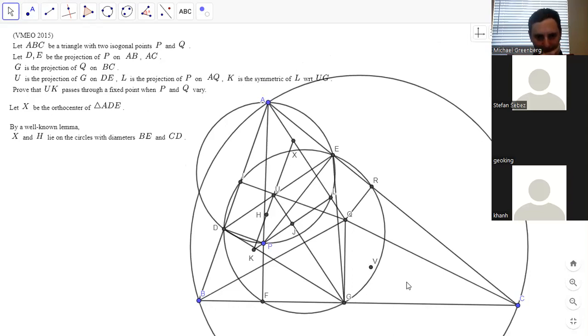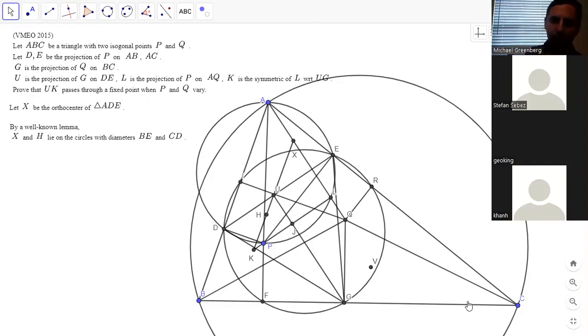But I don't know the angle chase at the moment. Can you recall one more time what we need to prove, which two angles are equal? He wanted to show that DU over UE is, was it CG over GB or BG over GC?